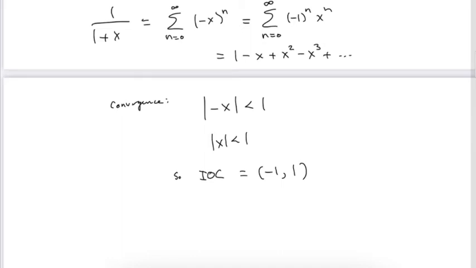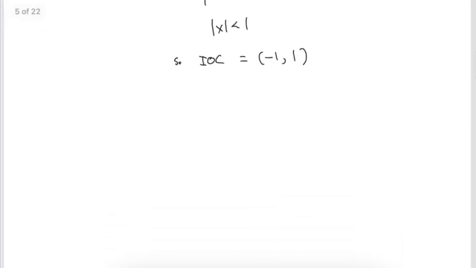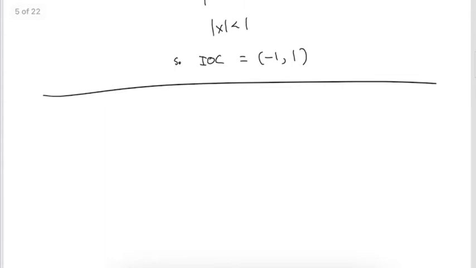All right. I got more simple tricks. Let's try another one. How about 1 over 2 minus x. How you like that? 1 over 2 minus x. Again, I want to try to make it look like 1 over 1 minus some stuff, right?